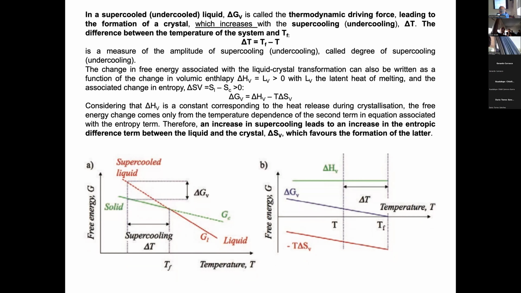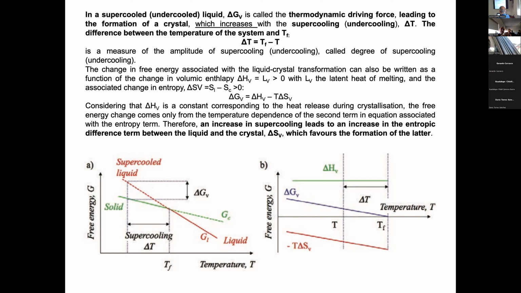We define undercooling, that is the liquidus temperature minus the temperature at subliquidus condition. So therefore, you will have a certain delta GV.